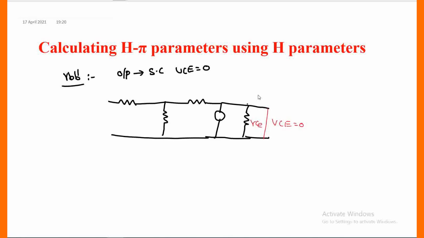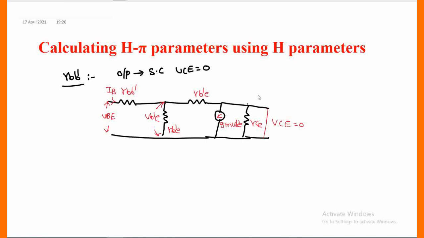This is the RCE, this is the RB'E, this is gmVB'E, this is the RB'C, this is the RBB', the voltage here is VB'E, this is the VBE, and the current flowing in the circuitry is IB.